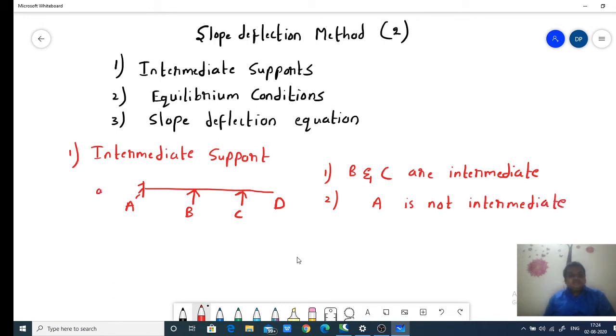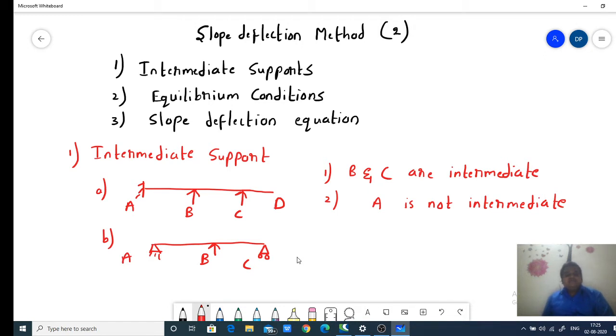Now the second case. If this is the span, this is a hinge support, in between I am giving a simple support, and at the end a roller support, and this is A, this is B and this is C. If you see B, BA is there and BC also is there, so B can be called an intermediate support.